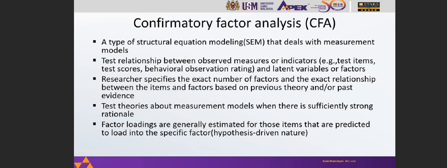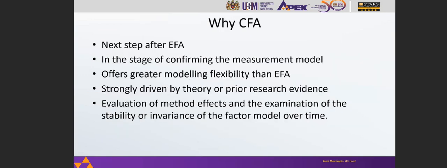In CFA, we already decide how many factors we have, and we want to confirm. This is the next step after EFA, the stage of confirming the measurement model, and it offers greater modeling flexibility than EFA.